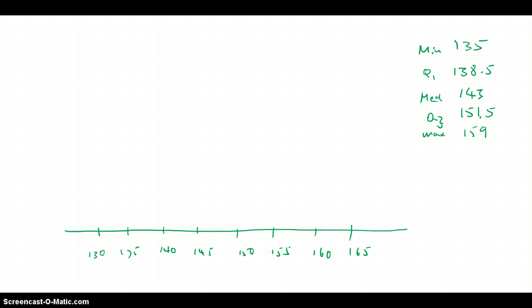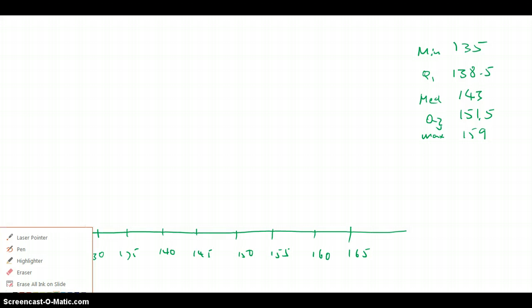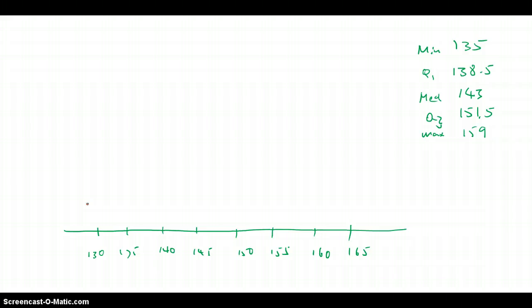So now that we have a 5-number summary, what we need to do is just plot the first point at 135, the next one at 138.5, so 138.5 will be roughly there.